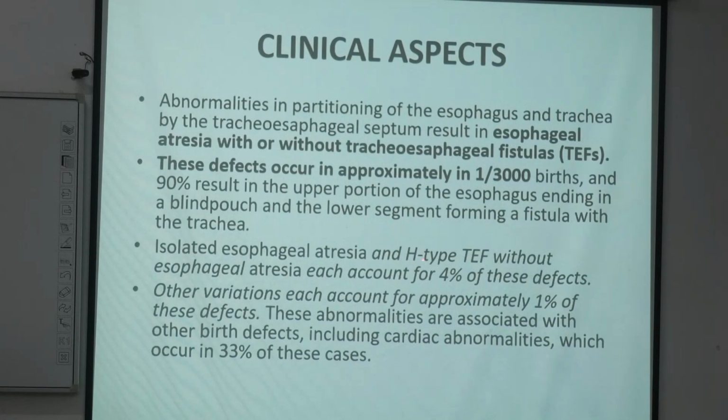Isolated esophageal atresia and H type TEF, without esophageal atresia, each account for 4% of these defects. Other variations each account for approximately 1% of these defects. These abnormalities are associated with birth defects, including cardiac abnormalities, which occur in 33% of these cases.